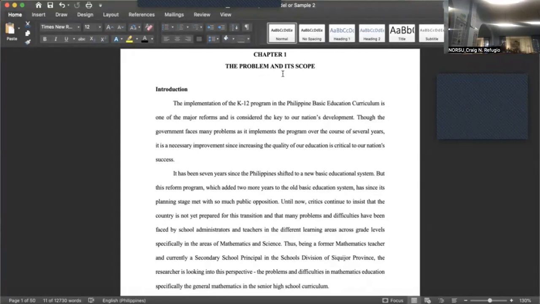The complete title of your research proposal on top, and at the middle, "By" your complete name. And below your complete name, the complete name of the course that you are taking. Do you follow?